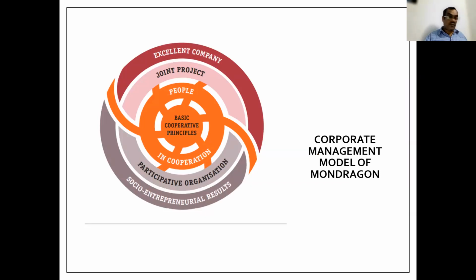Its management model is very interesting. The core of the management model is the cooperative principles. So not the rules, not the regulations. You take decisions based on certain principles. If you go to its website, you can check all these things. I'm not going to read out all these.